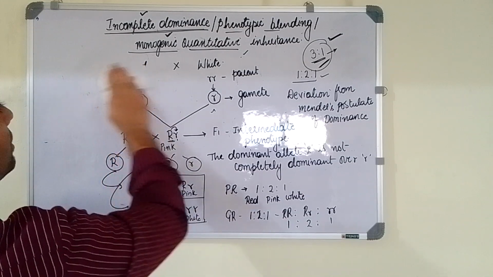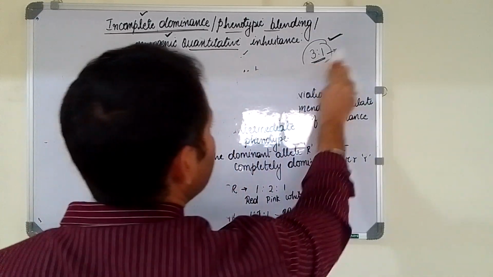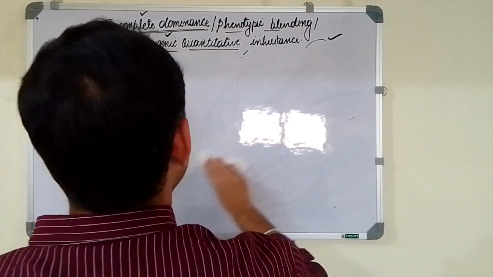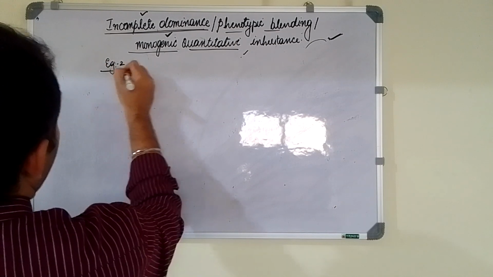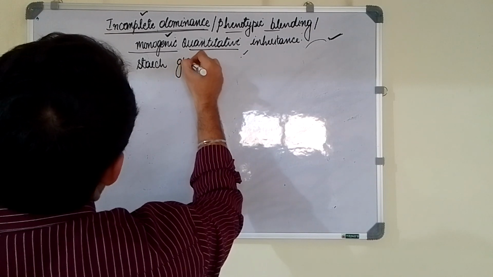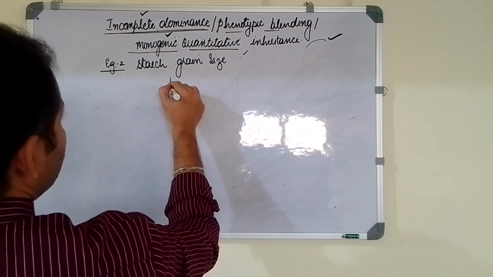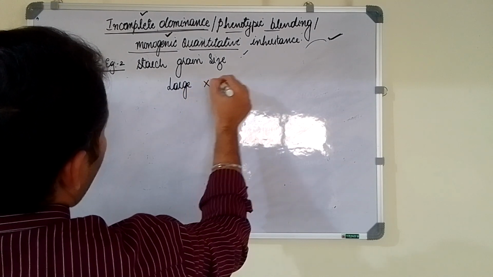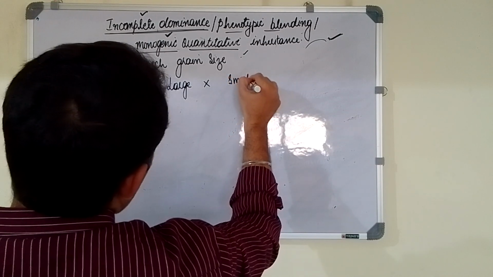The second example that we'll be seeing is the starch grain size in the pea seeds. So in the case of pea seeds, a plant with large starch grain containing seeds is crossed with a plant which is having small starch grain.